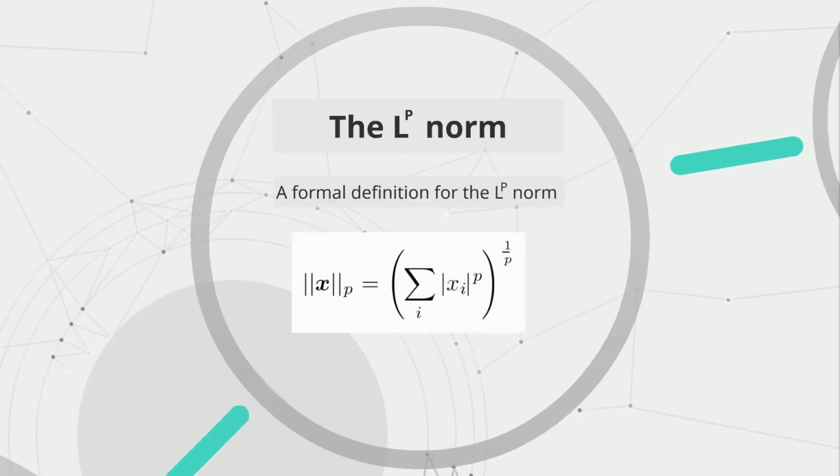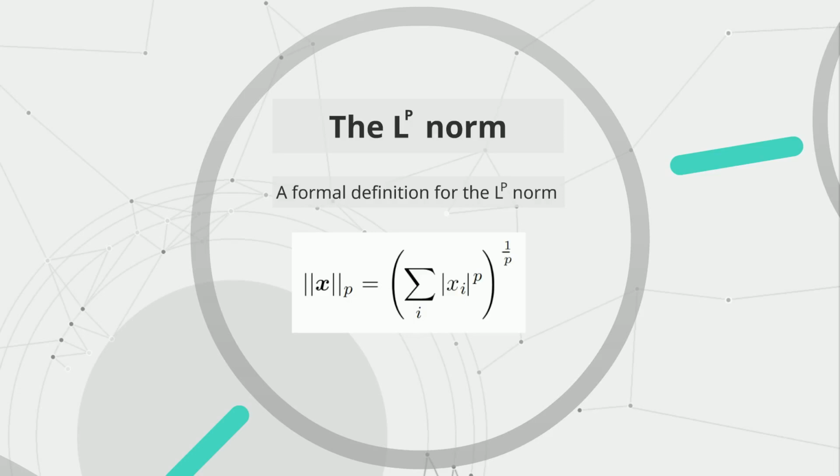All right, so first we want a general formula, and that's going to be the Lp norm. This is a formal definition of the Lp norm. Norms are often denoted, as you see on the left of this equation, by the double bars. So this is the vector x. It's bolded and lowercase, that's how we know it's a vector, and we're taking the norm of it. Here we're going to fill in different values of p: 1, 2, all the way up to even infinity.